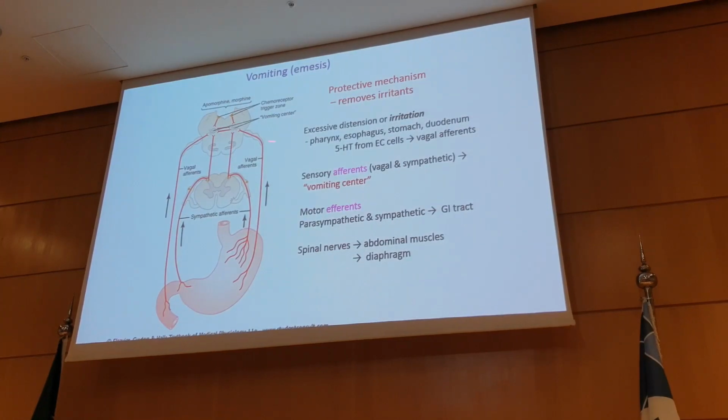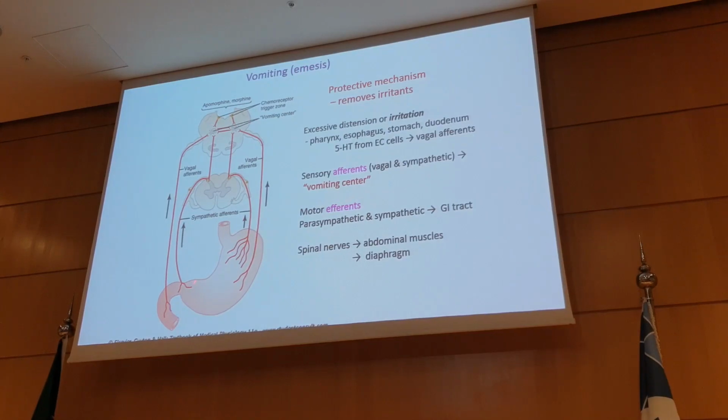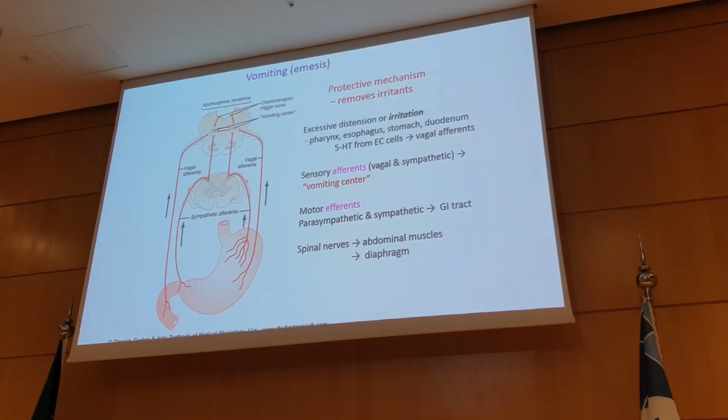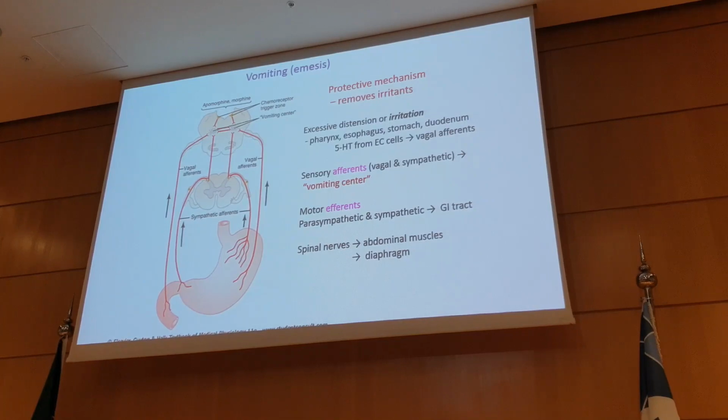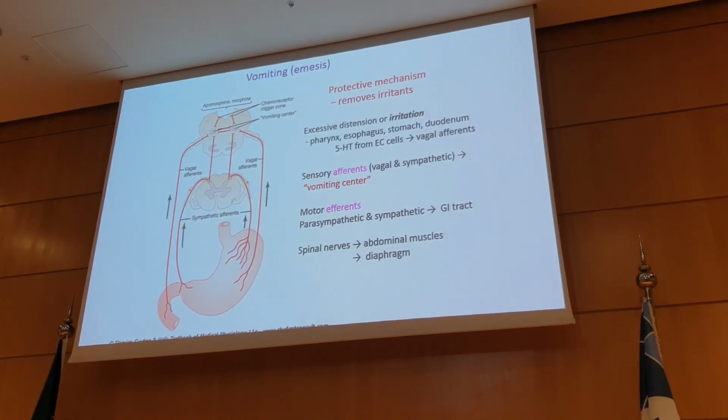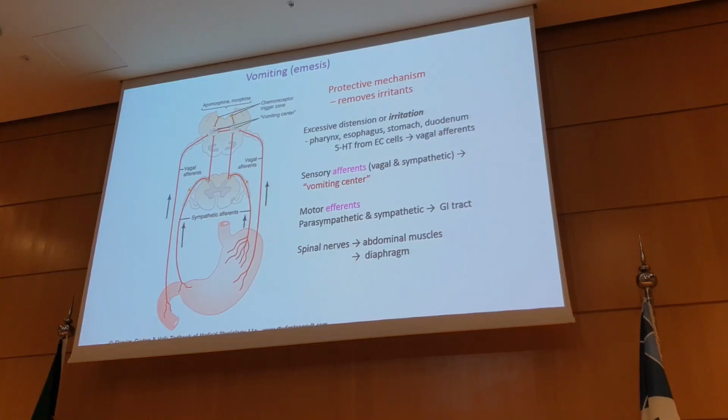Okay, this is the last part, vomiting, emesis. And it gives me a chance to introduce vagal afferent and sympathetic afferent. All right, everyone that thinks about the vagus is always thinking about it doing something, right? And it does. Okay, it's a very important controller in the GI tract. But about 70, depending on who you read, 70 to 80% of the fibers in the vagus are afferent.